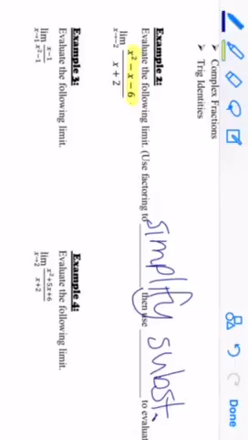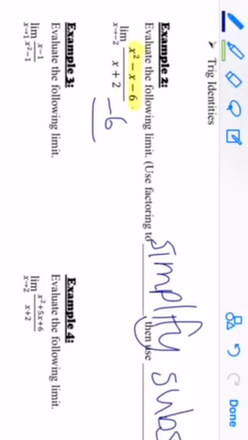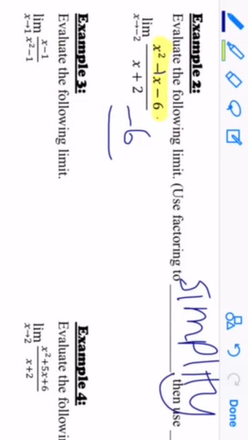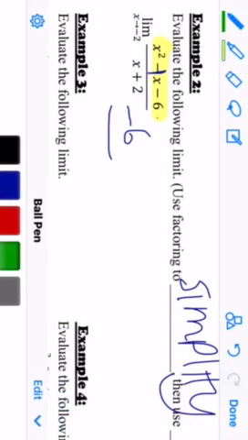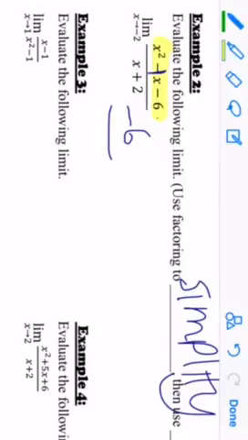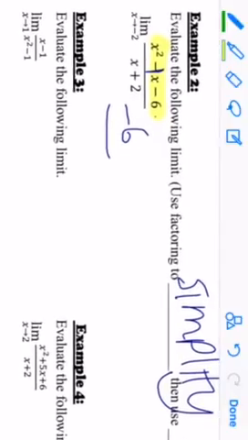And how we do that is if you think of your -6, what are 2 numbers that times to -6 but add to, in this case, -1, the coefficient of x, okay? So 2 numbers that times to -6 and add to -1, that would be 2 and -3, okay?